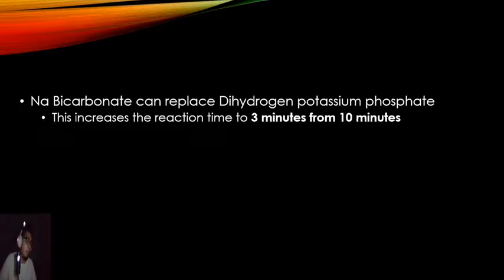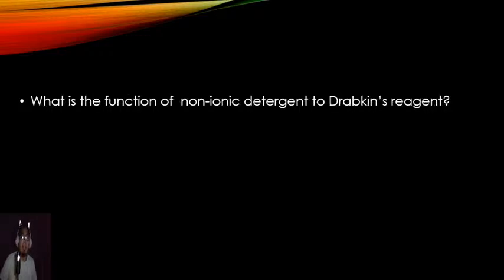All right, so be mindful of this slide because it came up in one of the question banks for some of my students in the past. Now what is the function of an anionic detergent in the Drabkin's reagent? Well, it prevents the turbidity caused by erythrocyte proteins.